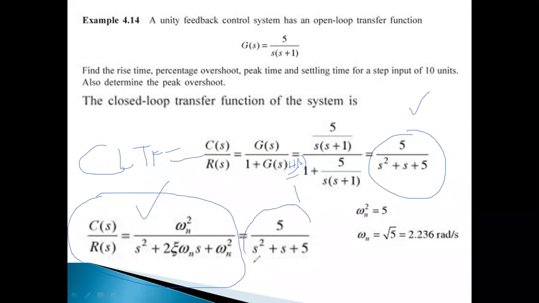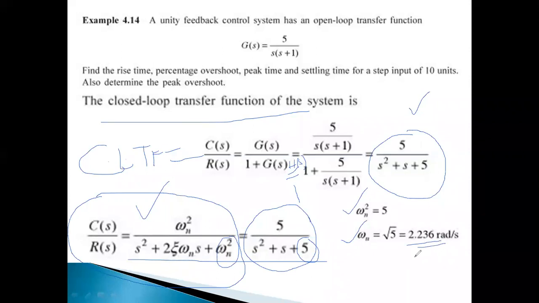Compare this with the closed loop transfer function of this system. If we compare directly, compare the denominators. So ωn² is equal to 5, ωn is equal to root 5, its value is 2.236 radians per second.